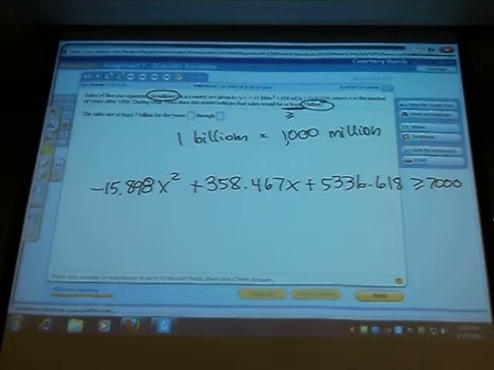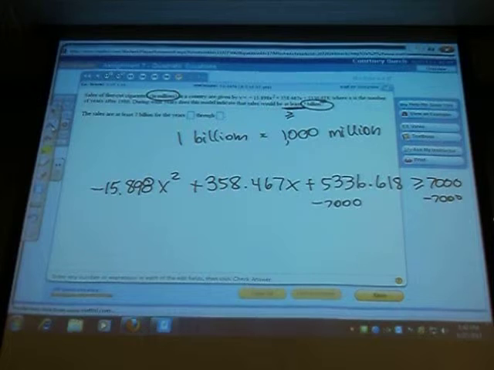Now what do I do from there? Math it. It's the same problem, it just has funkier numbers. Other than the funky numbers, it's the exact same problem. I gotta subtract the 7,000. Use my calculator for this.